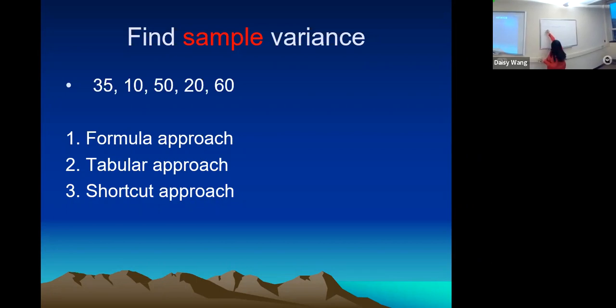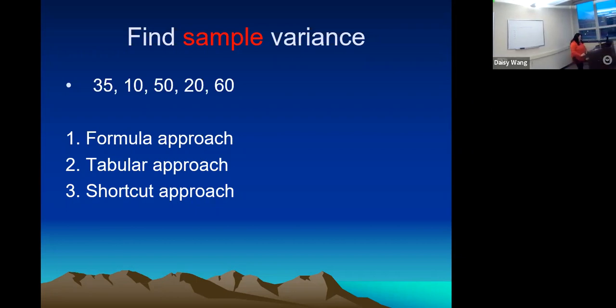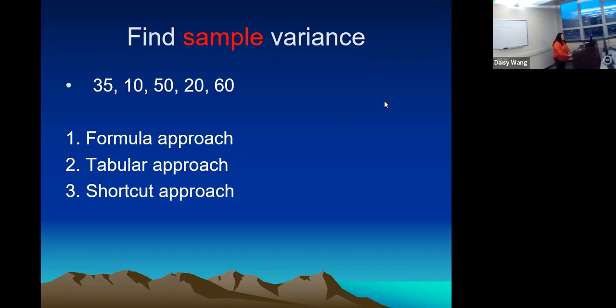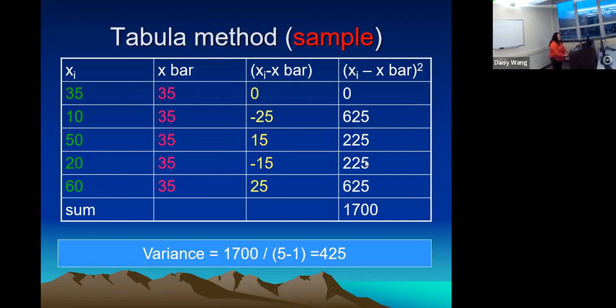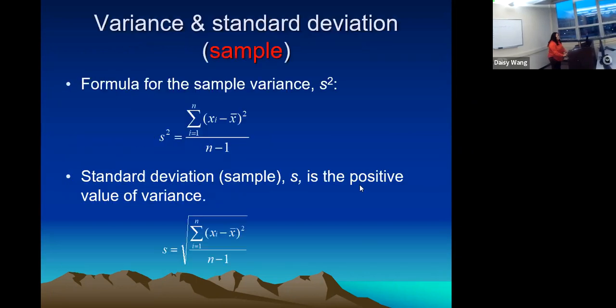So that's xi: 35, 10, 50, 20, 60. Let me show you, because I want you to get used to the symbols. So the formula approach, we use xi.